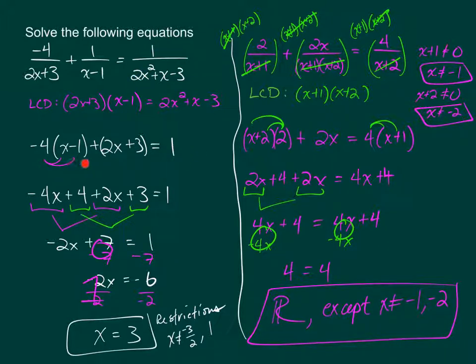So then you can distribute, combine like terms, solve for x and get x equals 3. And way back here from the beginning, the restrictions: as long as you set this to not equal 0 and this to not equal 0, you'll get the restrictions x cannot be -3/2 and 1, and this is neither of those, so fantastic. This is our answer.